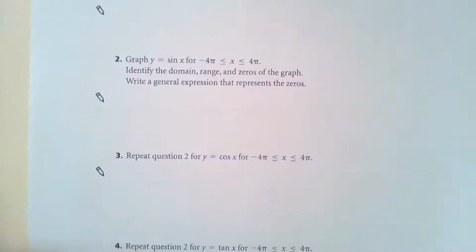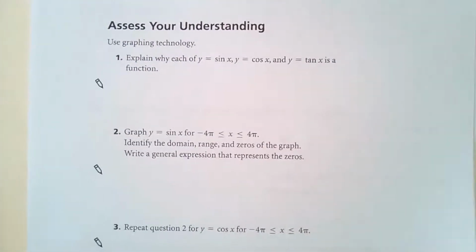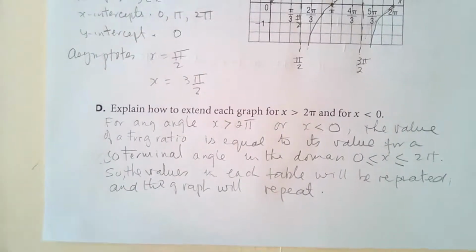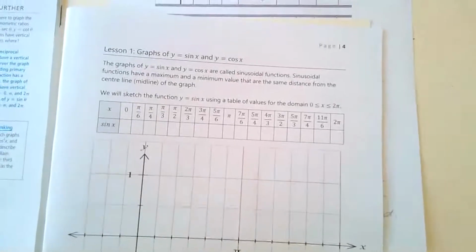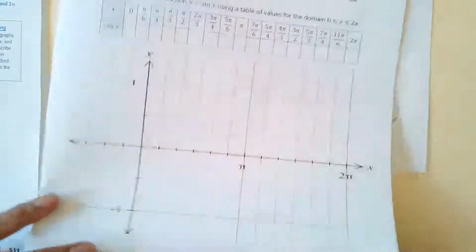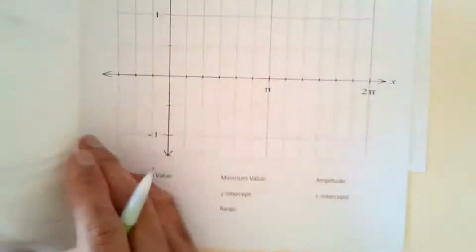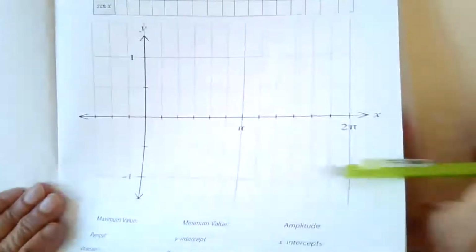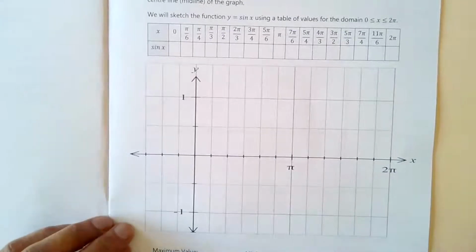If you want to try for assignment questions, you can try the ones here. But I want you to mainly focus on just going over these ones in your booklet. And this is your part 2 example booklet. I would like you to repeat this on your own.